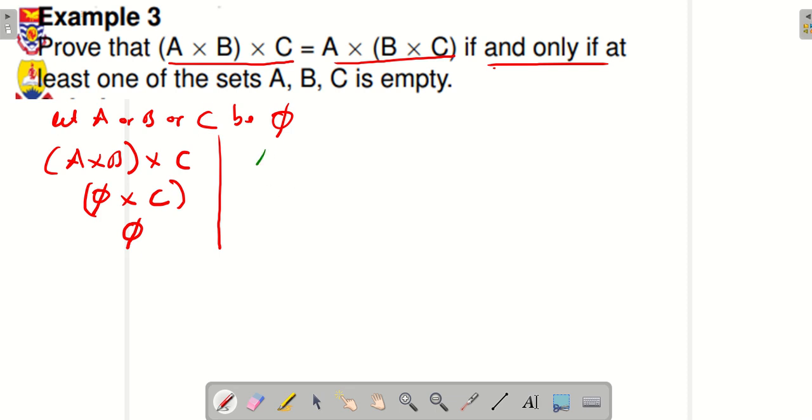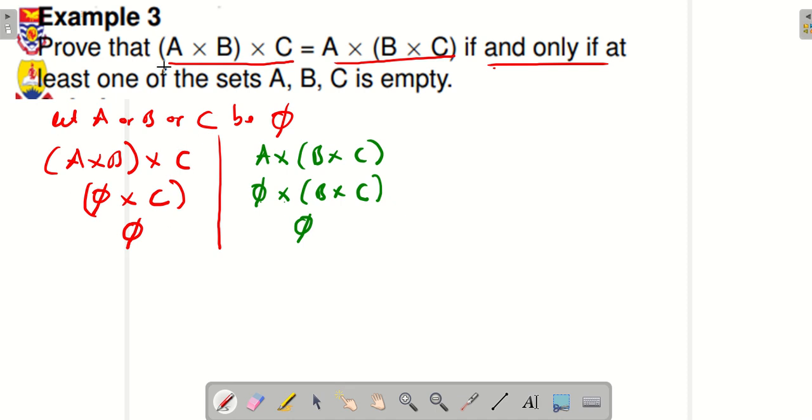For A × (B × C), if A is an empty set, then we are going to get an empty set × (B × C). Remember that an empty set cross any set still produces an empty set.